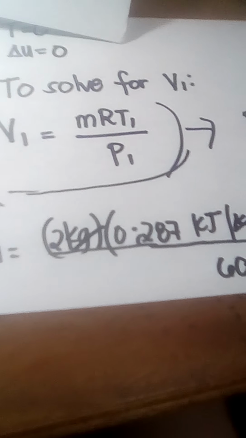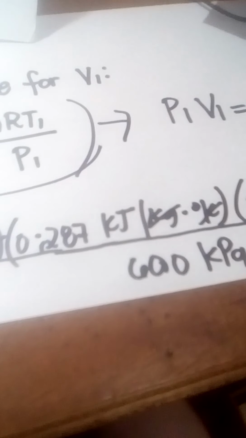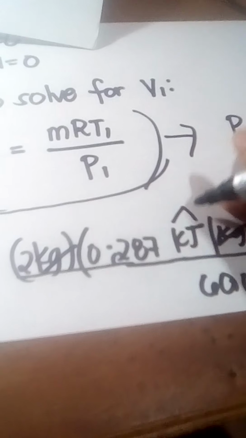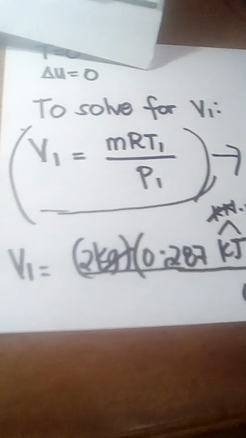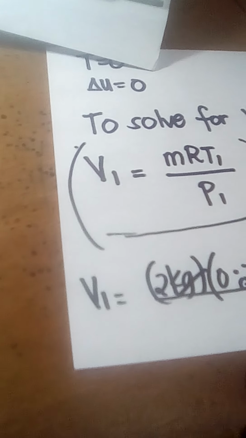So therefore, cancel. We all know that kilopascal is kilonewton per meter squared, and kilojoule is kilonewton meter. Therefore, the kilonewton would be cancelled, so we have cubic meter.